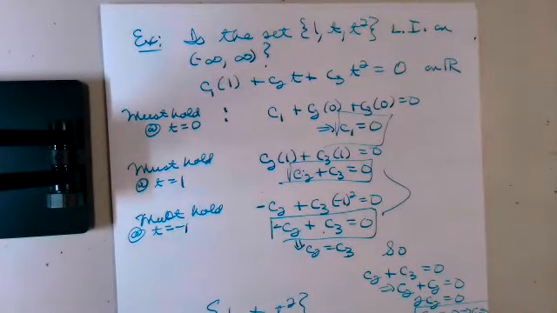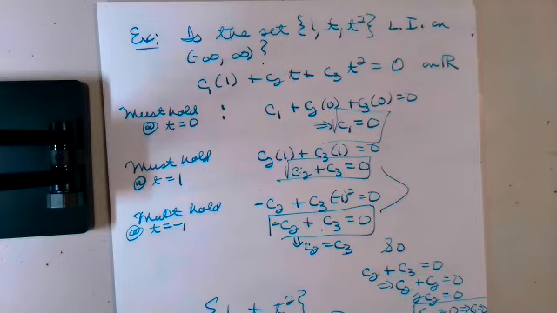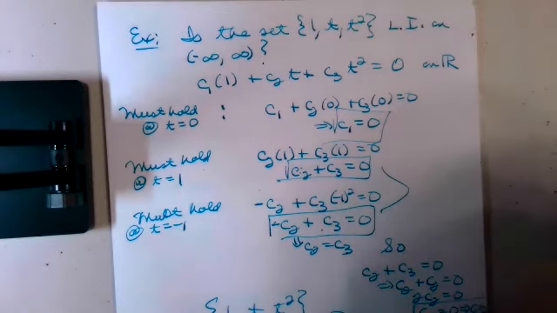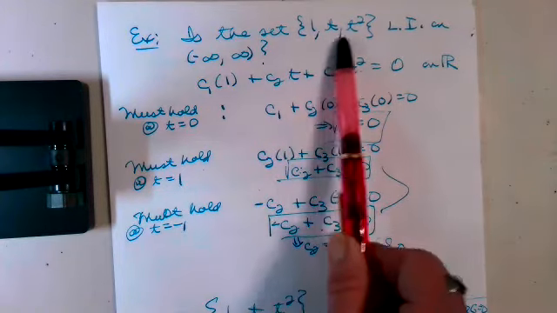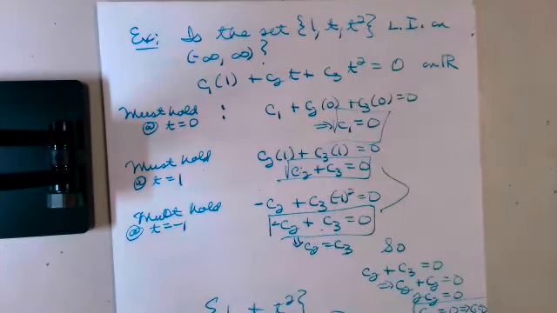Let's look at this example. This set, 1, t, t squared: is it linearly independent on the interval from minus infinity to infinity? So on the whole real line.